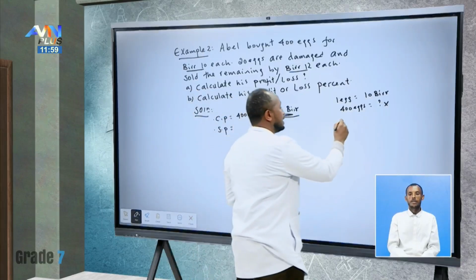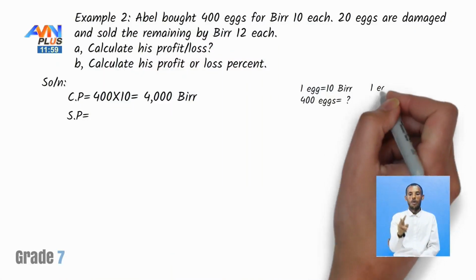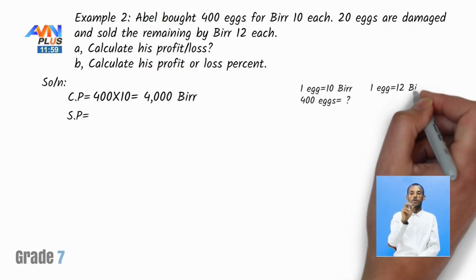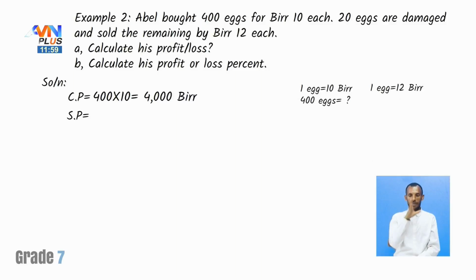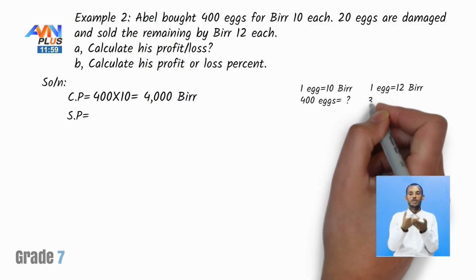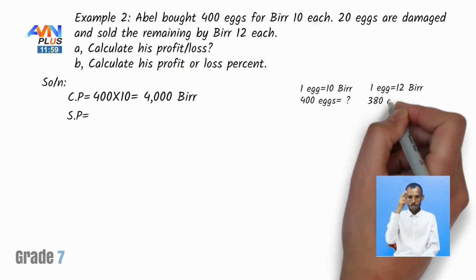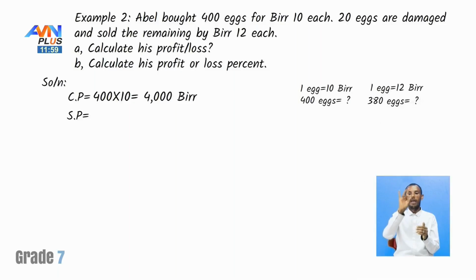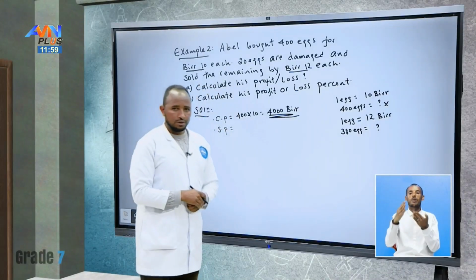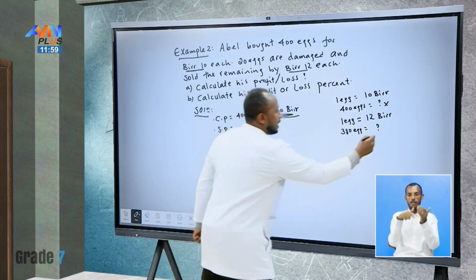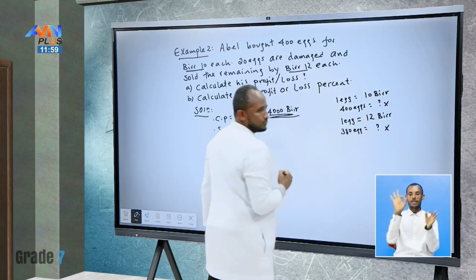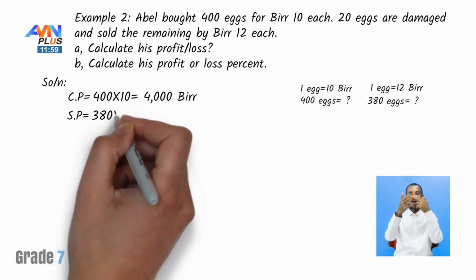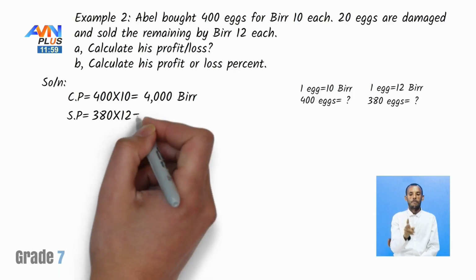Therefore, one egg will be sold for 12 birr. And how many eggs has he sold? 400 minus 20, because 20 are damaged. Therefore, 380 eggs will be sold for how much? To find this, you take the product of the two: 380 times 12. Okay, let's multiply it here.